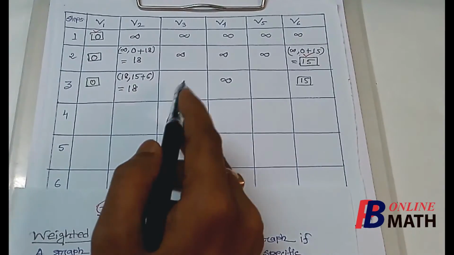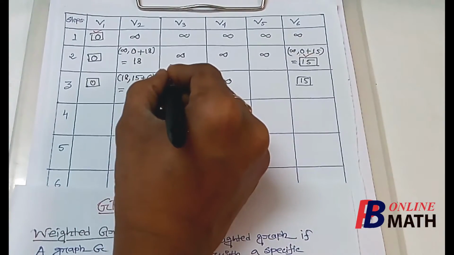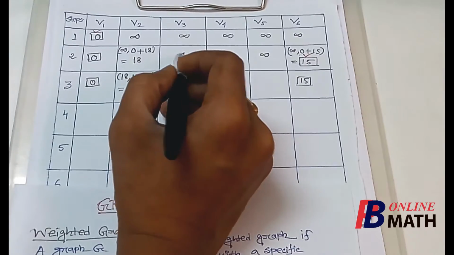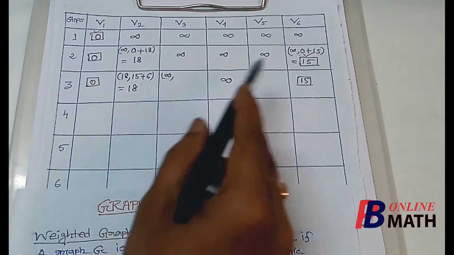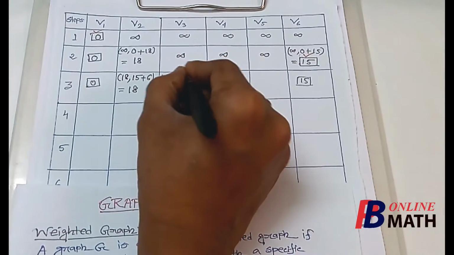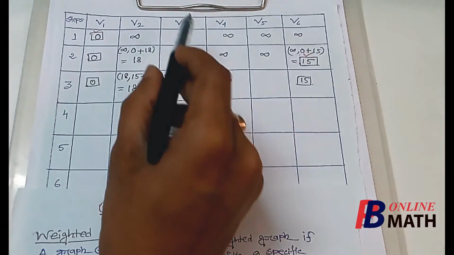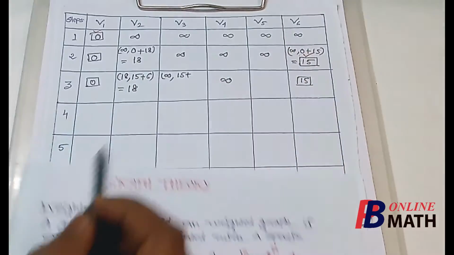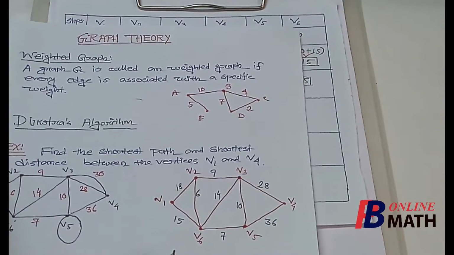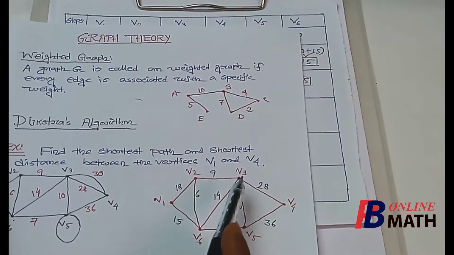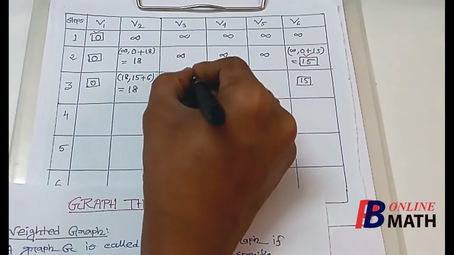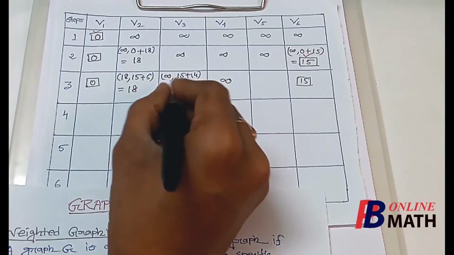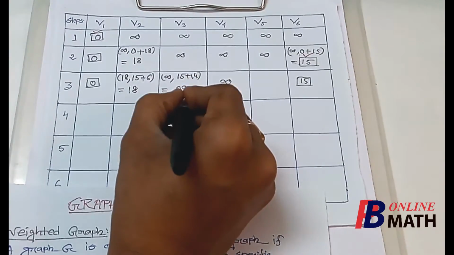Next, V3. The rule is to find the previous level, that is infinity, and the permanent level of the previous step, that is 15, plus the distance between V3 and V6. From the graph we find that the distance between V3 and V6 is 14. So the minimum of these two is 29.